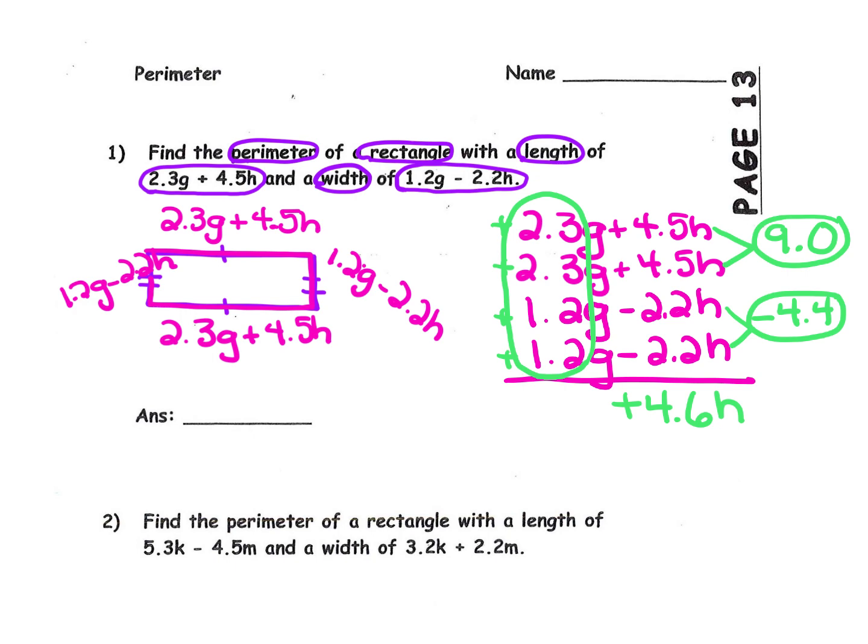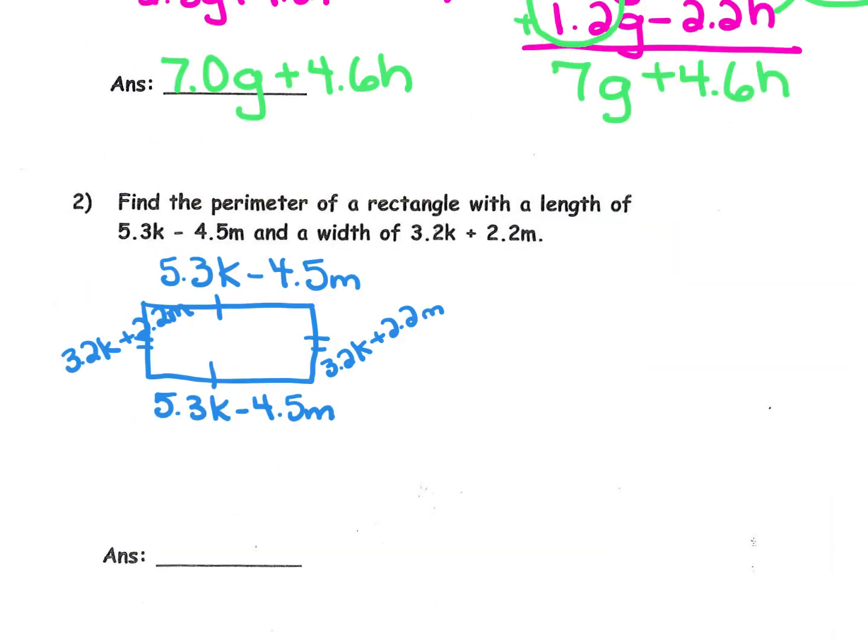Grab your calculator and enter 2.3 plus 2.3 plus 1.2 plus 1.2. You should get 7g. So your final answer is 7g plus 4.6h. Let's take a look at the next problem, number 2.